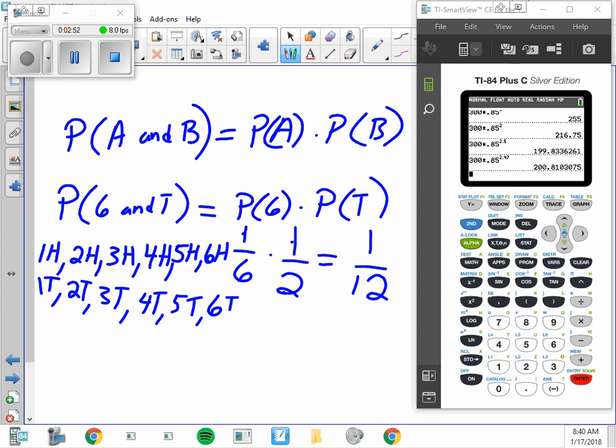So how many of those allow me to win? Just one, this one. And how many are there total? 12. So the probability of getting 6 and tails is 1 in 12. So this probability of A times probability of B is just a shortcut. You don't need to write everything down. Okay?